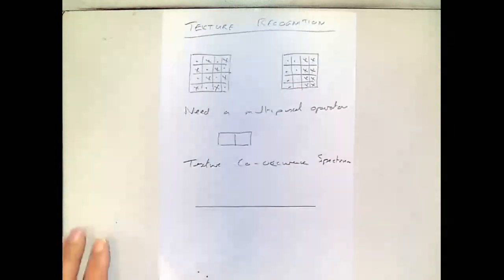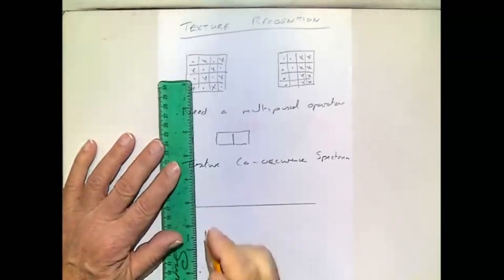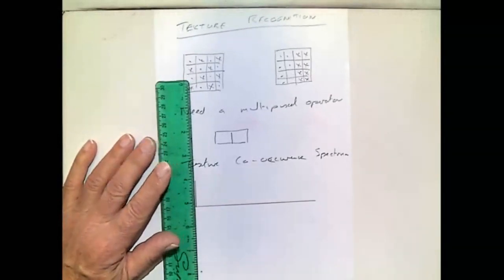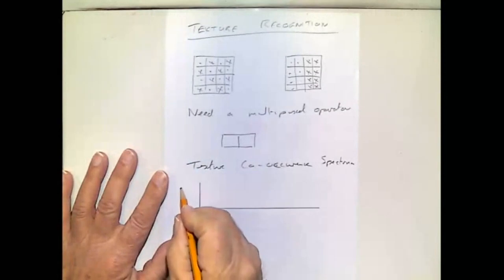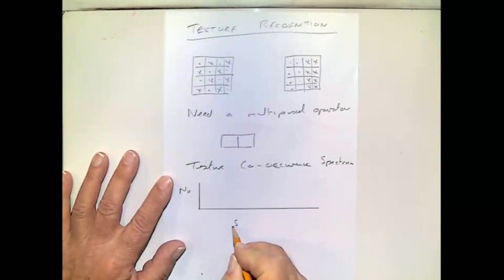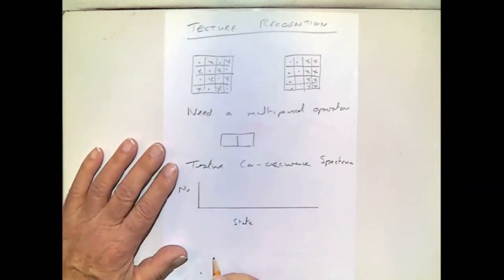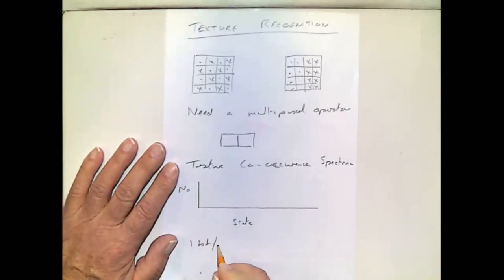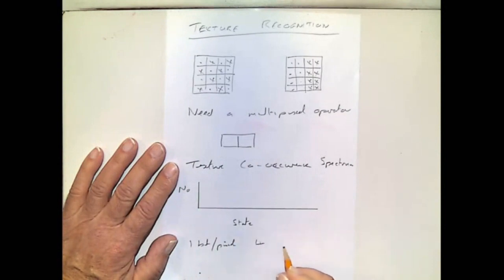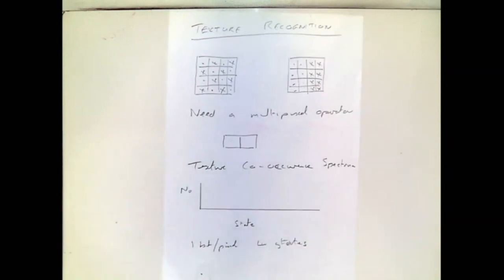And this texture co-occurrence spectrum, a bit like the histogram for images, it is a graph of the number of occurrences, and instead of having the intensity, we have the value of the state. Binary images, 1 bit per pixel, 4 states. And that, of course, comes from level 1 K-maps.